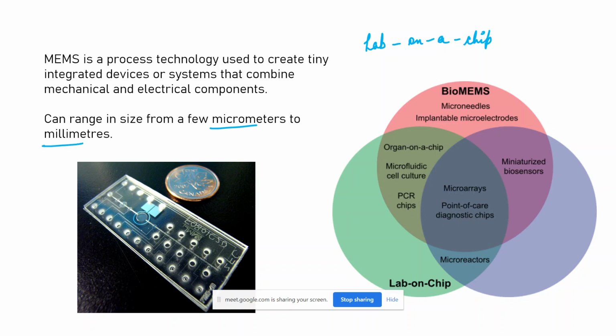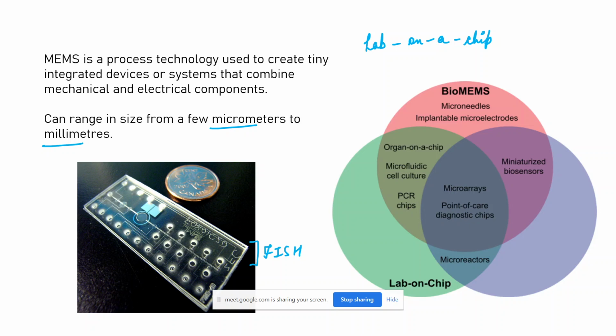As you can see here, this is an example of a chip. This example is a chip for a technique called FISH, which is fluorescence in situ hybridization. I'll not go into the details of the technique.